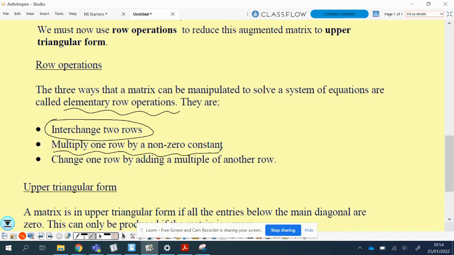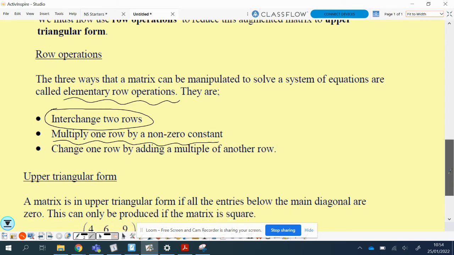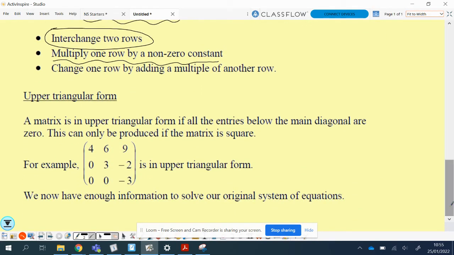And lastly, how we're going to edit this and create an upper triangular form is we can add one row to another row by a multiple operator. And obviously if it's a negative multiple, then it's the same as doing a subtraction. So that's what we're going to focus on here. Those are the row operations that we must always abide by. So again, you can pause that and copy.